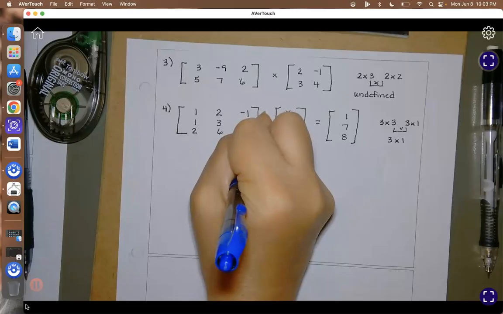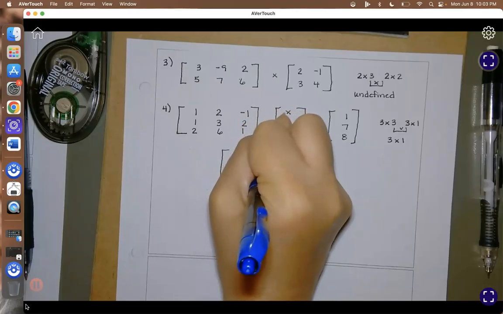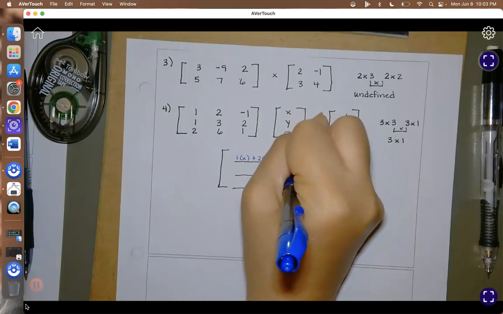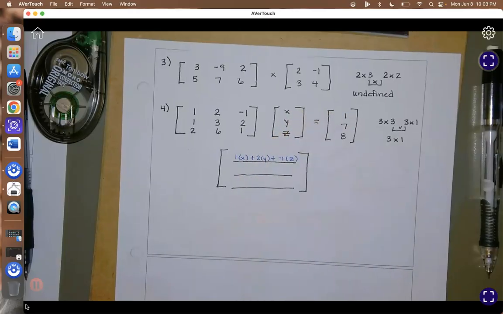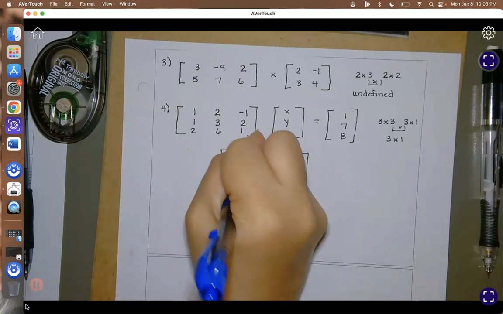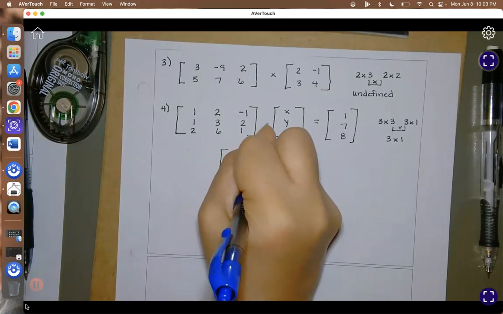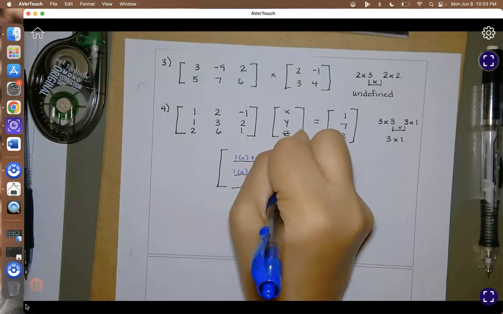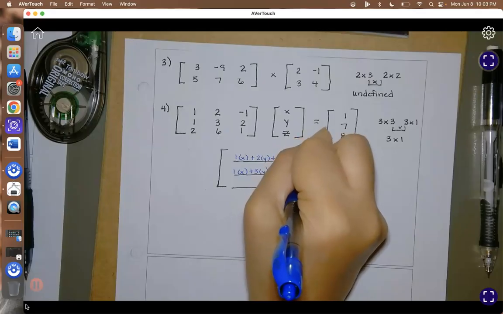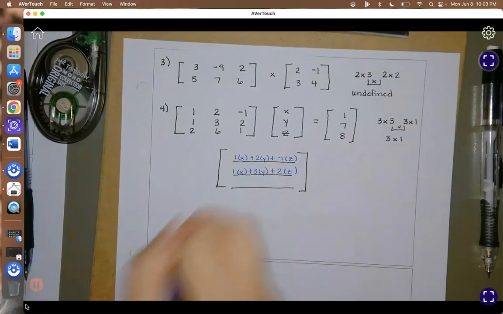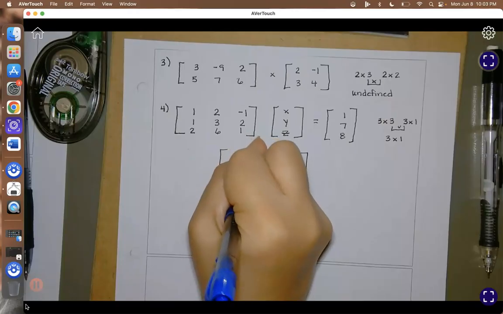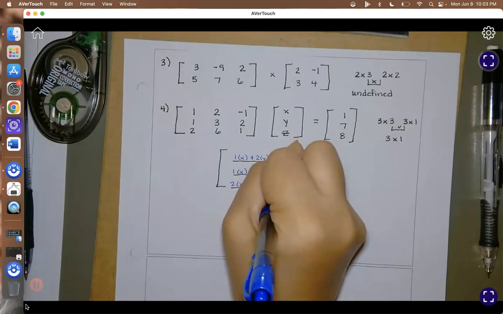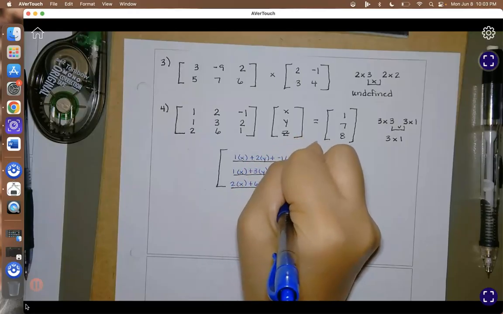So 1 times x plus 2 times y plus negative 1 times z. Then we do 1 times x plus 3 times y plus 2 times z. Then we have 2 times x plus 6 times y plus 1 times z.